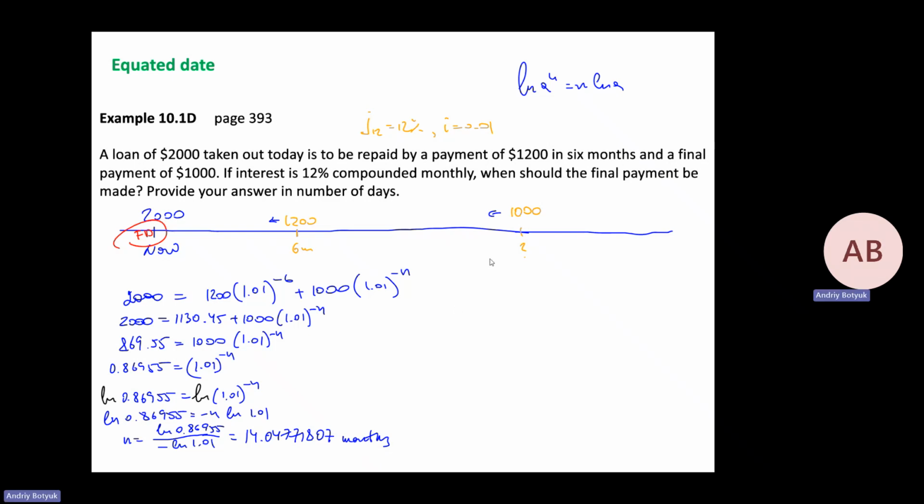Then we take this value divided by 12 and times 365. So we converted to years first and then to days, because we need the number of days, remember? So T is approximately 427 days.